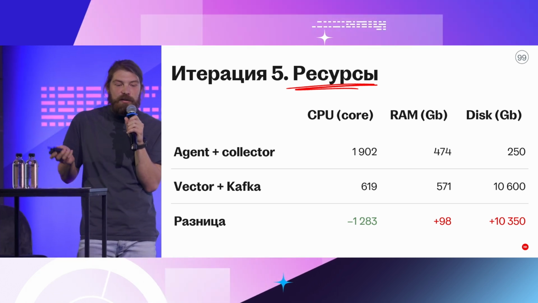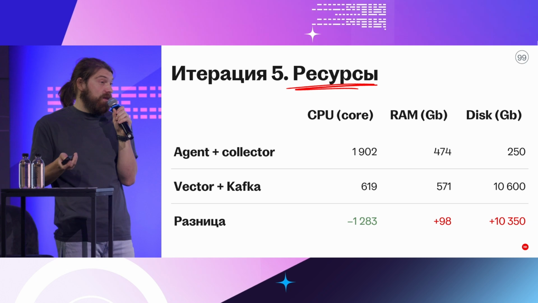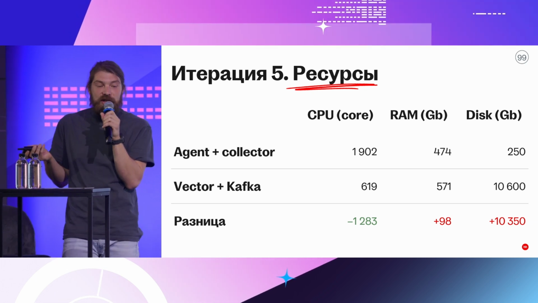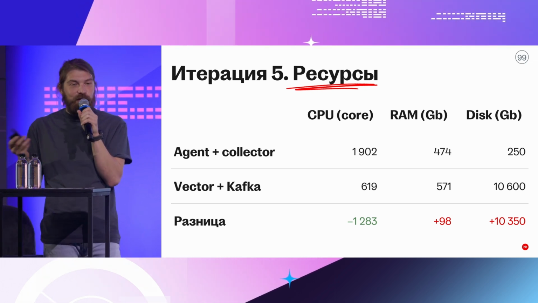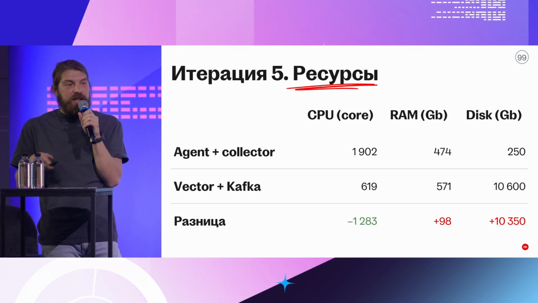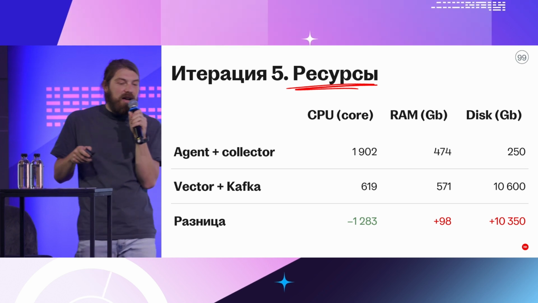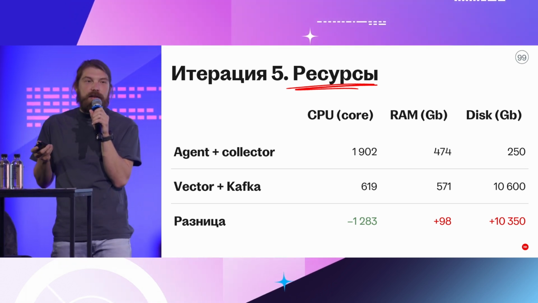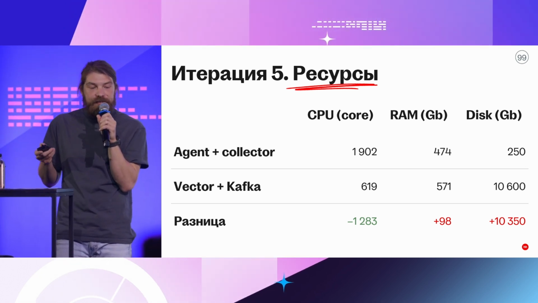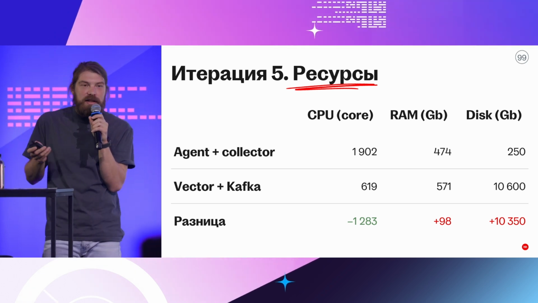We saved a lot of CPU resources, RAM grew up, disk grew up significantly. Disk is much cheaper than CPU, so we won in terms of finances. But the main thing out of thousands that we saved, we replaced agent with Vector.